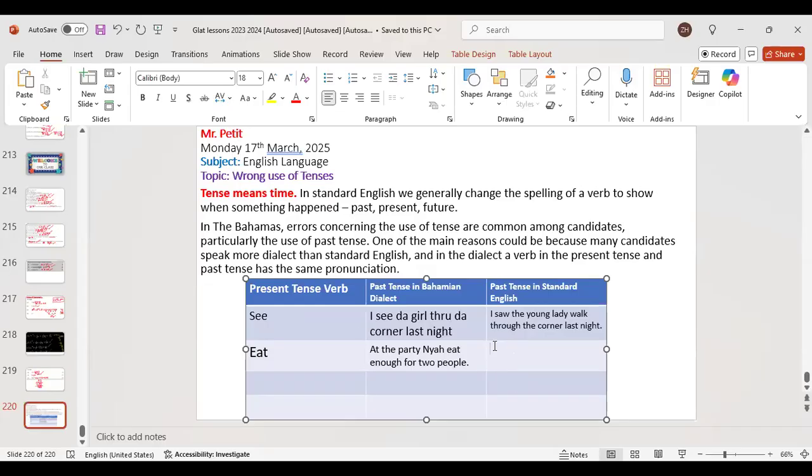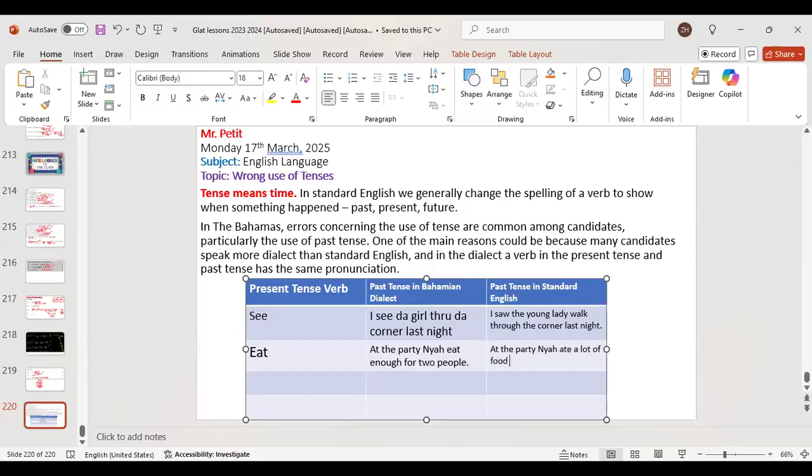So what's the correct way to say this? At the party, Naya ate enough for 2 people. Say it again. At the party, Naya ate enough for 2 people. Very good. At the party, Naya ate a lot of food.